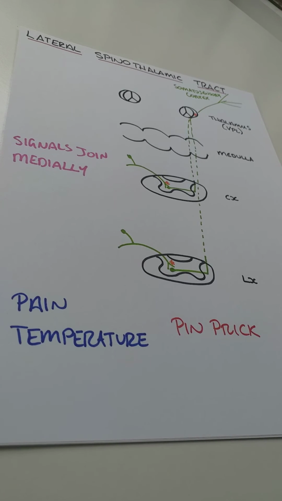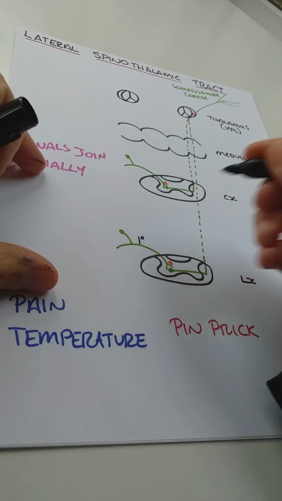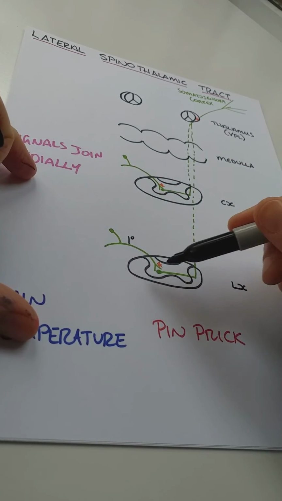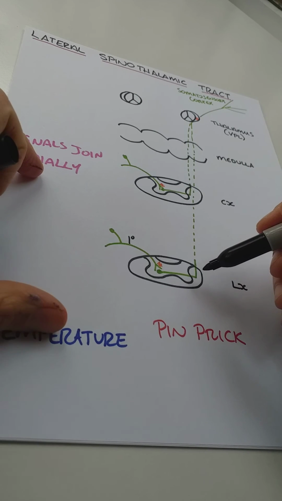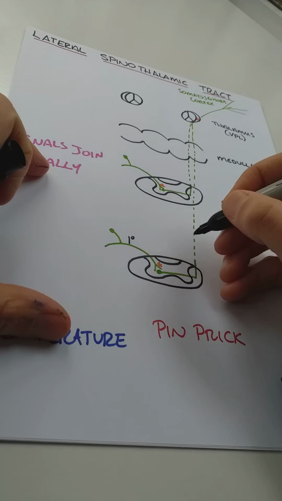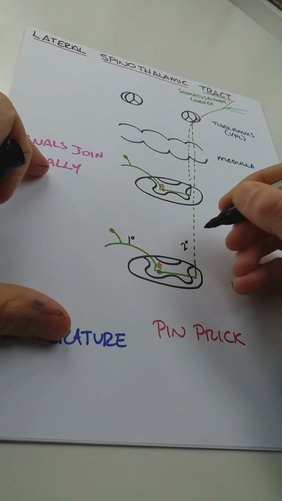Have I left anything out? Anything important? Nope. There we go. That'll do. So that's your first order neuron. Comes in dorsally. Synapses, decussates, shoots over to the lateral part of the white matter. Heads north. Second order neuron.